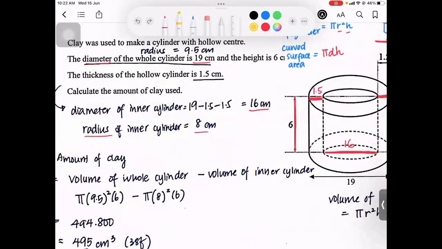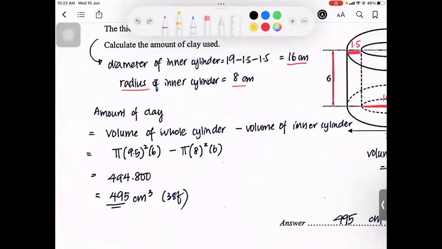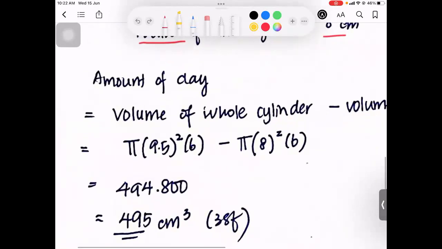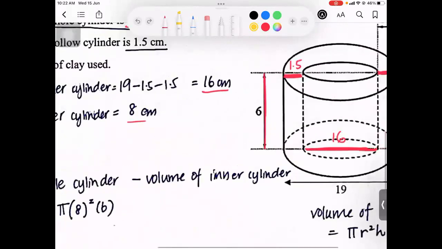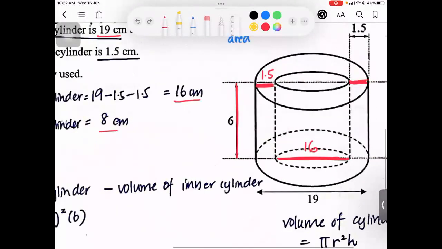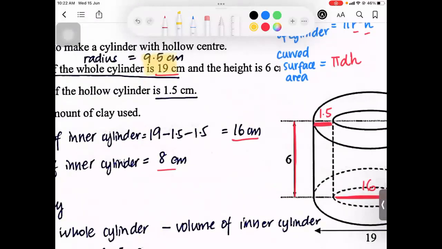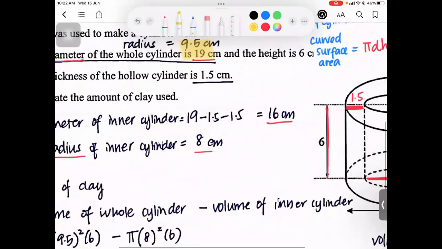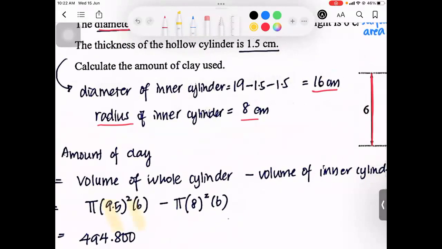Okay, so in this case, I'm looking at the volume of the whole cylinder. Volume of whole cylinder, pi r squared h. What is the r squared? The bigger one, 19, not 19, radius 9.5. Okay, then height still the same. So plug in the values. This one, you still tell me don't know, I cannot help you. You have to remember the formula, identify on your own and plug it in on your own.